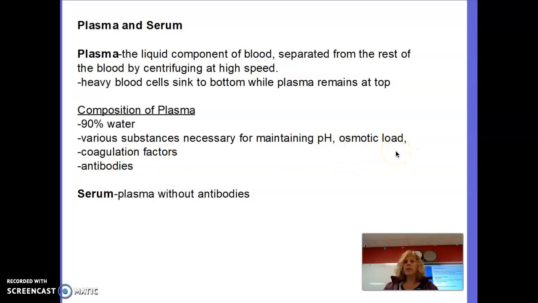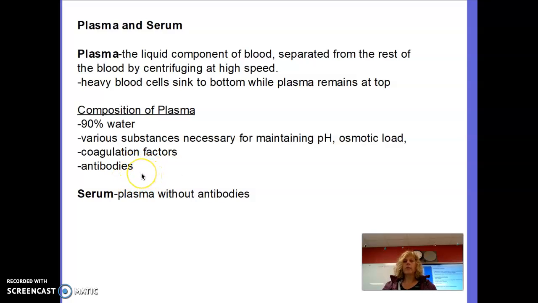So like your blood has to have the right amount of solutes in salts and so forth in order for your cells and your cell's environment to be isotonic, meaning that water won't go into or come out of unnecessarily. Also for maintaining pH, we said the coagulation, which is clotting factors, and then antibodies.